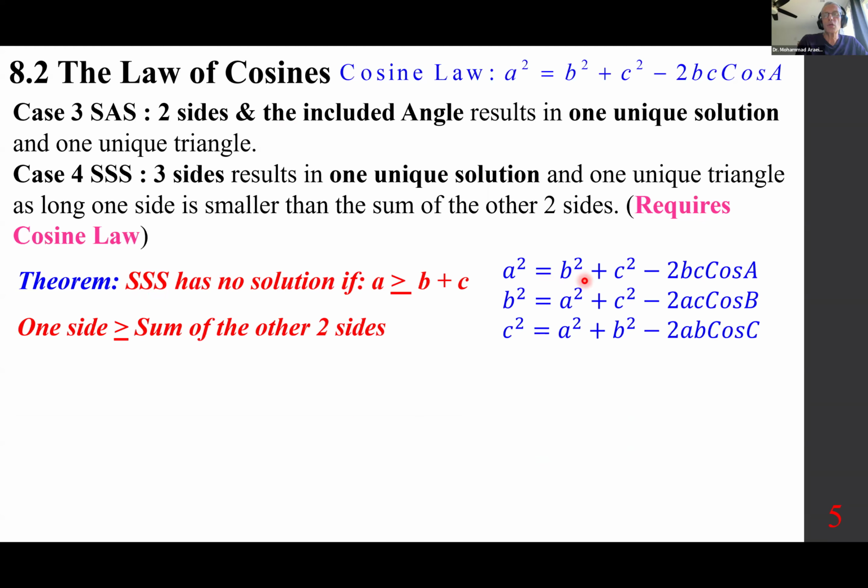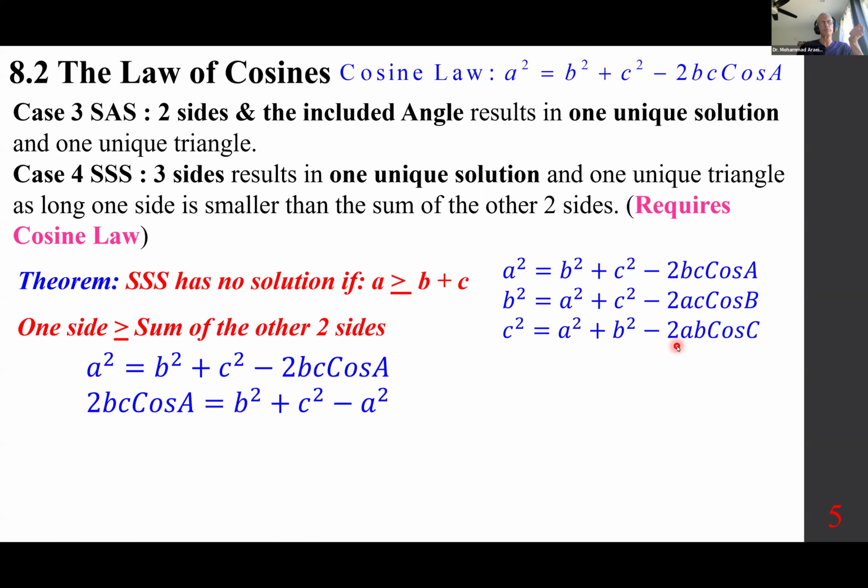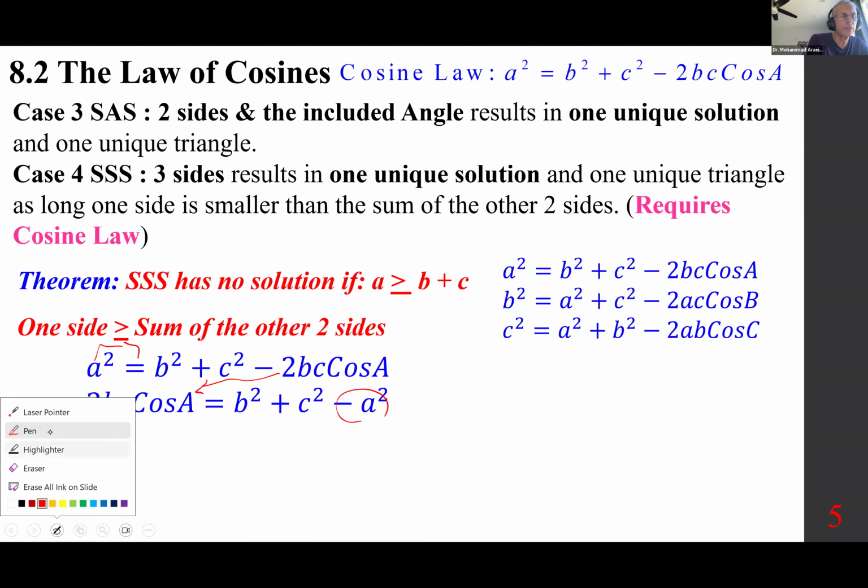So a squared is b squared plus c squared minus 2bc cosine A. If you want b squared, you put a squared plus c squared minus 2ac cosine B. And c squared would be a squared plus b squared minus 2ab cosine C, with C the included angle. Now, if we look at this case, we can move the a squared to the other side, where it becomes negative, and we can move the cosine term to the other side, where it becomes positive.